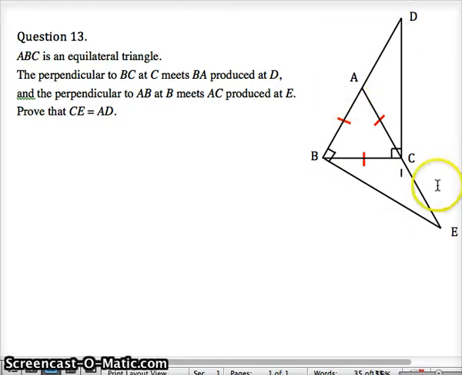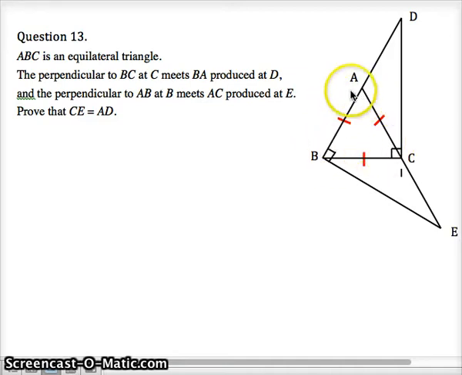Now, to be able to do that, we need to see which triangles CE and AD are sitting in. So CE sits in triangle CEB and AD sits in triangle ADC. So we need to prove that triangle ADC is congruent to triangle CEB. Now, because we have an equilateral triangle here, we know that all the angles in this triangle are 60 degrees.